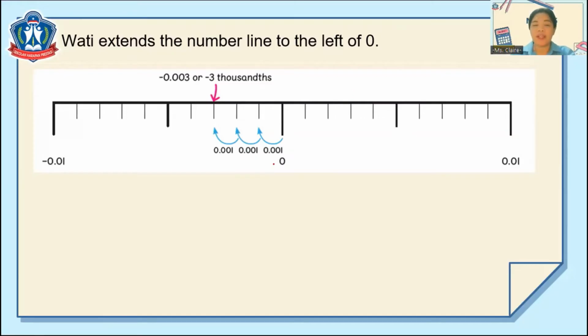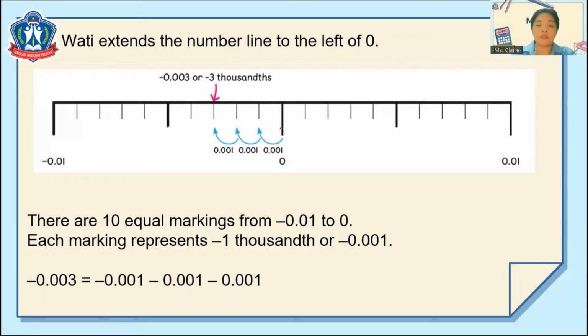Okay, how about if we extend our number line to the left of 0? Do you remember that numbers on the left side of 0 are negative numbers? If we move to the left from 0, that is already negative. If we put this one here, this is 3 markings from 0. So that is negative 0.003, or negative 3 thousandths.